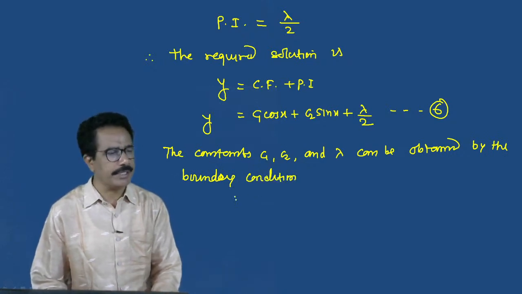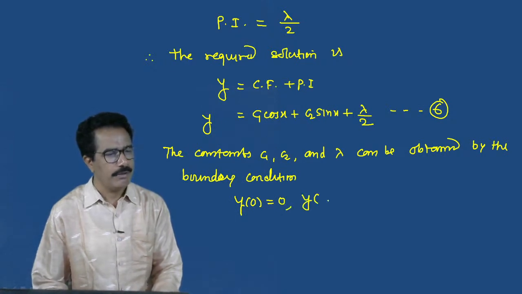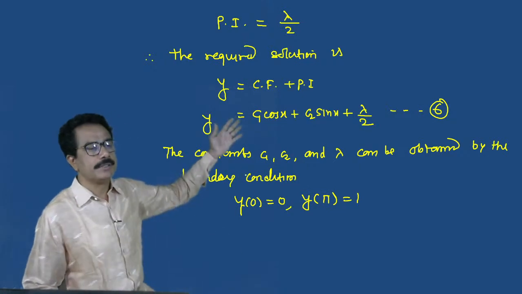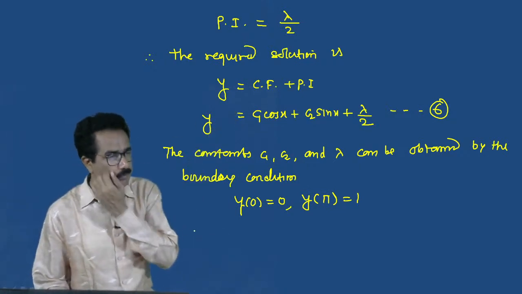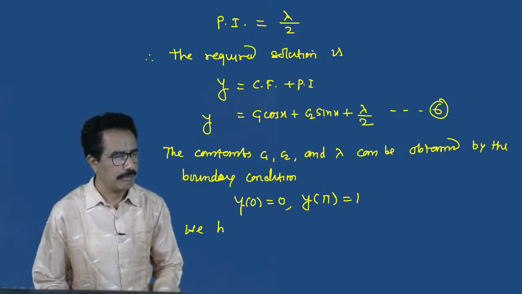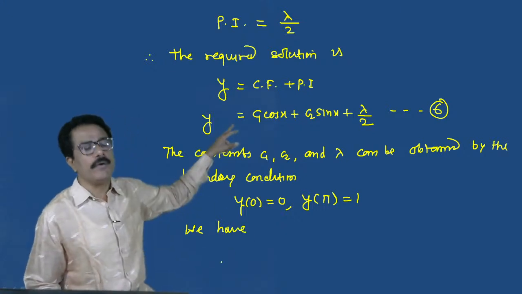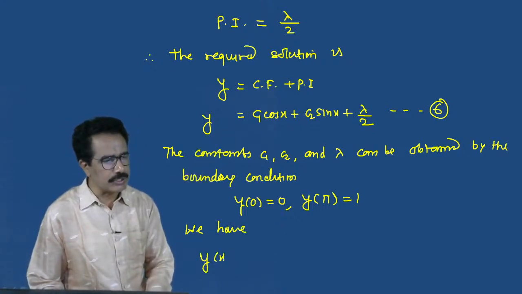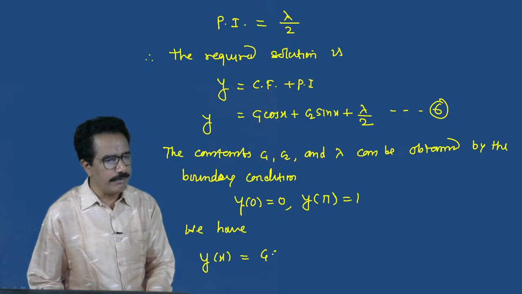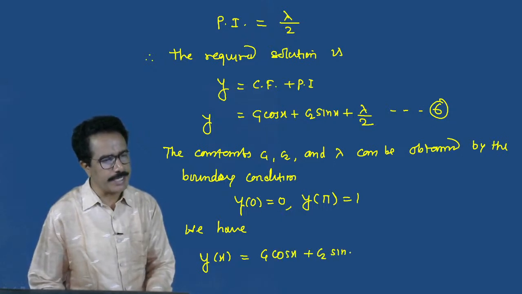What is that boundary condition? We have given y of 0 is equals to 0, y of pi is equals to 1. Now, actually we have y of x is equals to c1 cos x plus c2 sin x plus lambda by 2.